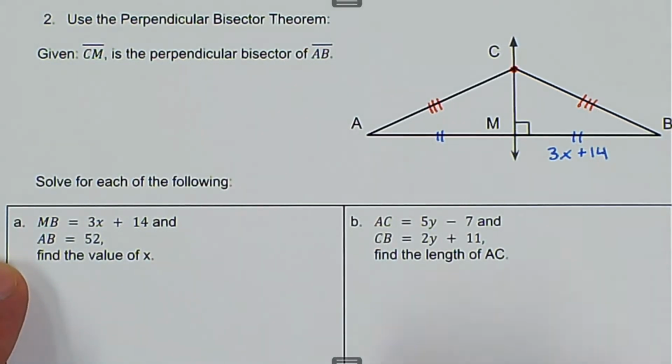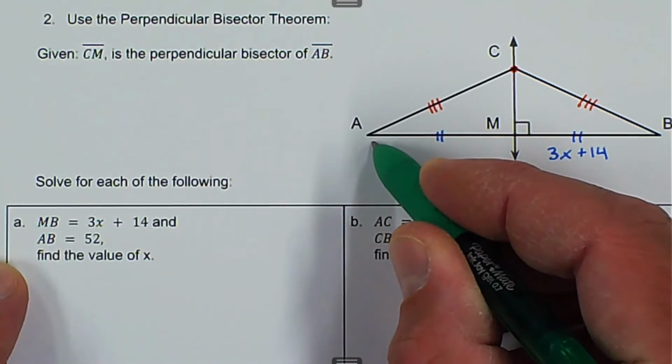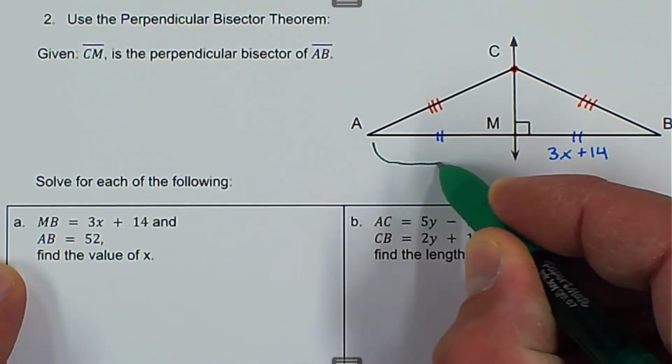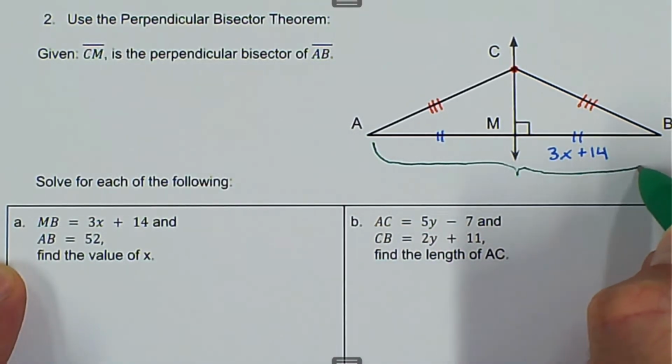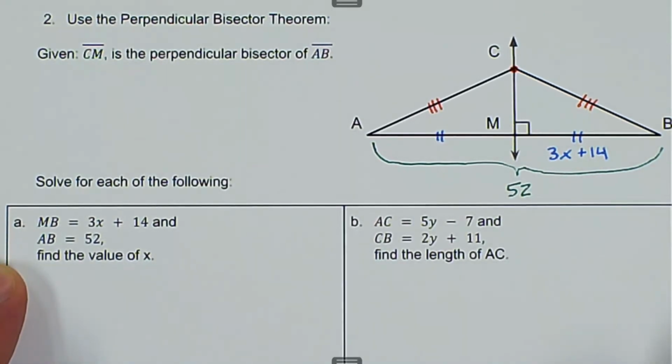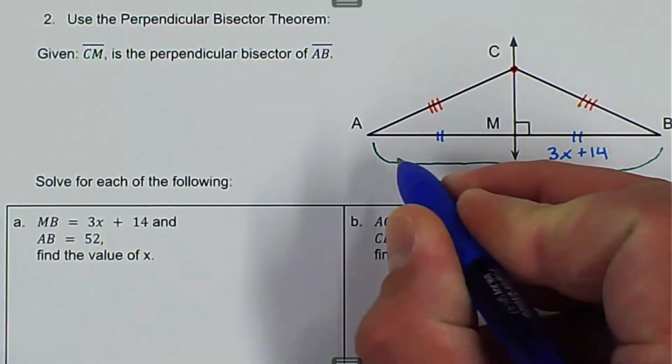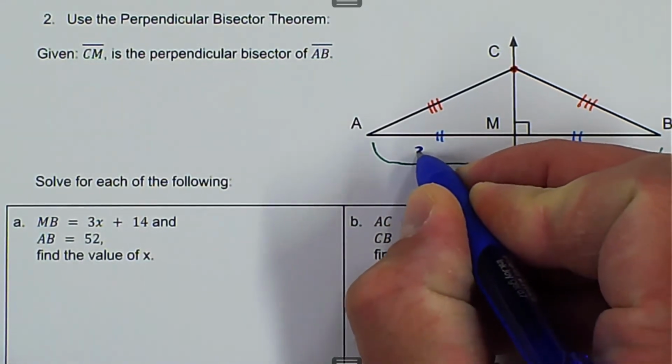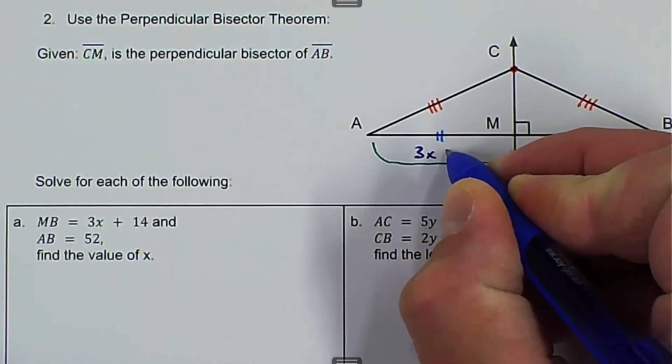And then we have AB, the full distance, which is going to be equal to 52. So AB is the entire length. Because we know that these two sides are congruent, we can also add that AM is also 3x plus 14.